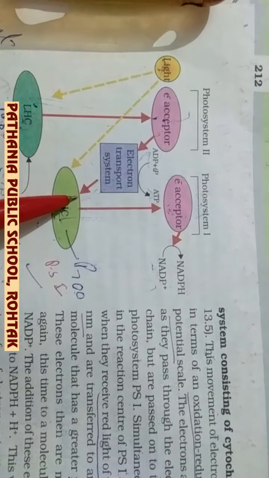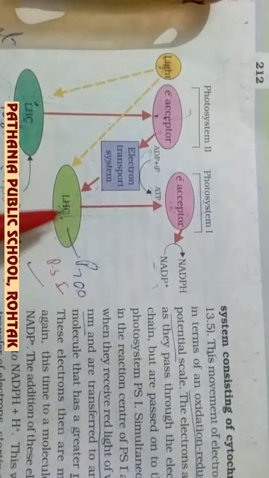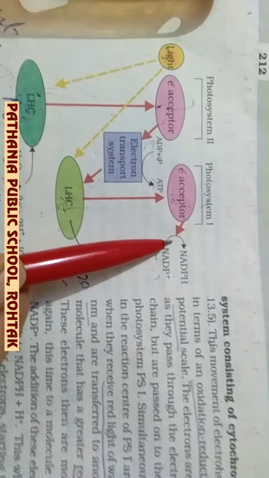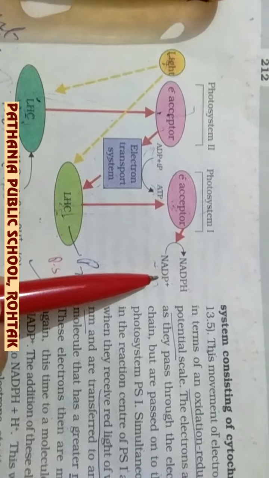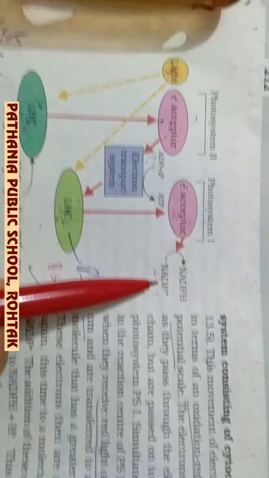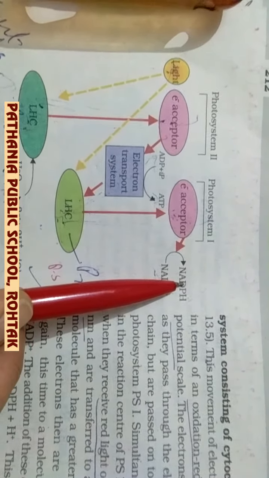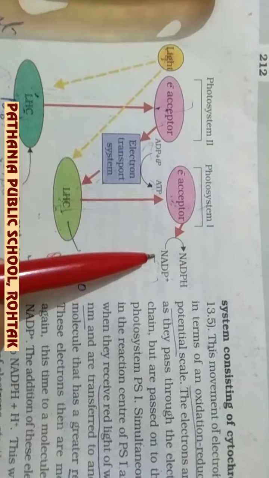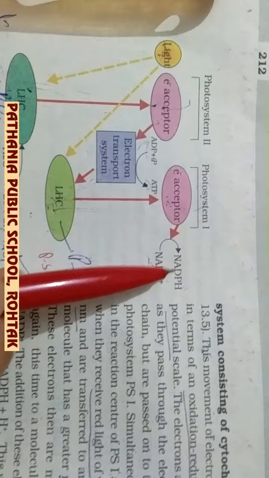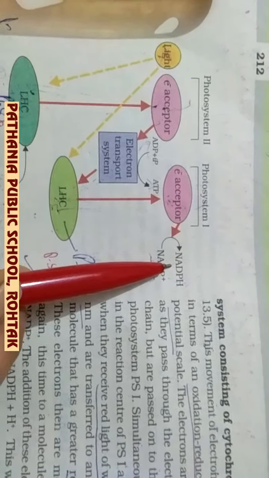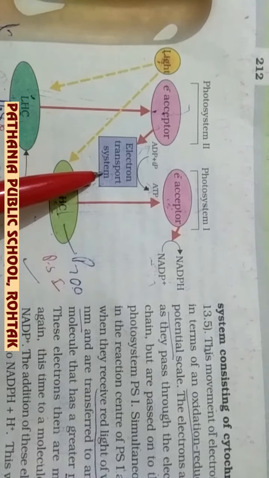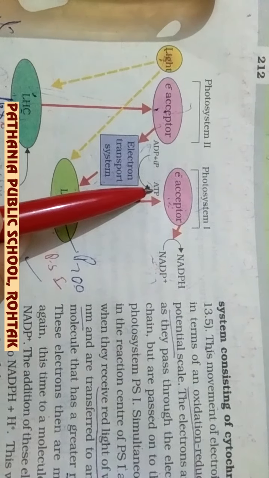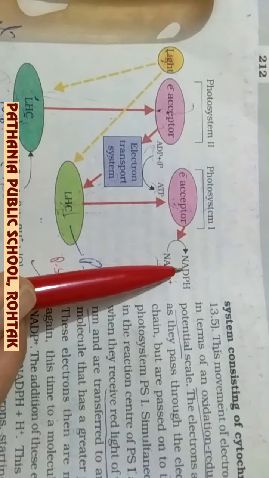This is called downhill transport of the electron. So it is uphill and then downhill. Once it moves downhill, this electron will be received by NADP and reduce it to NADPH2. These raw materials NADP and ADP are coming from the dark reaction. So in non-cyclic photophosphorylation the energy is formed in the form of ATP and NADPH2.